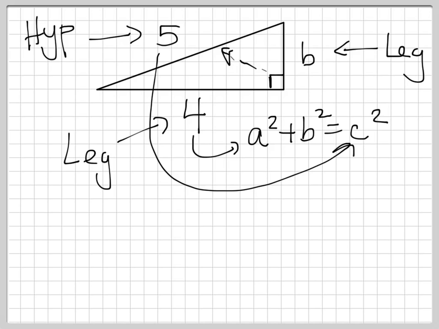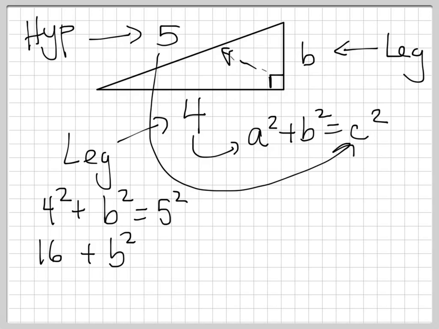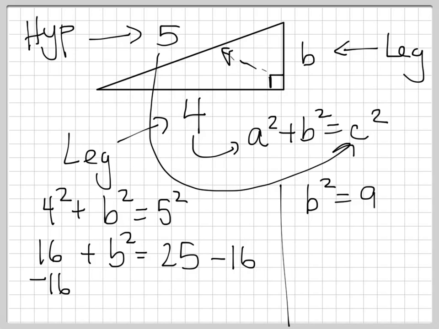And so what we have is 4 squared plus b squared equals 5 squared, which is 16 plus b squared equals 25. To get b squared by itself, we're going to subtract 16 from both sides, which gives us that b squared is 9.